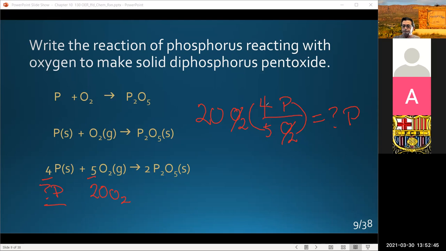So the answer would be 16 phosphorus. 20 times 4 divided by 5 gives me 16. And this setup is true whether I use 20 oxygens or 20 billion oxygens. It's the same ratio.